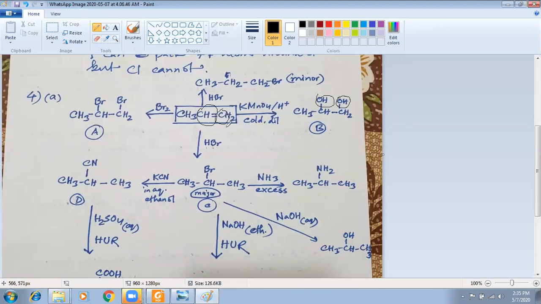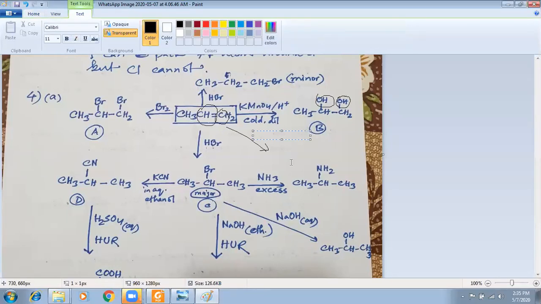So if we carry out this reaction in presence of hot acidified KMnO4, what will happen?